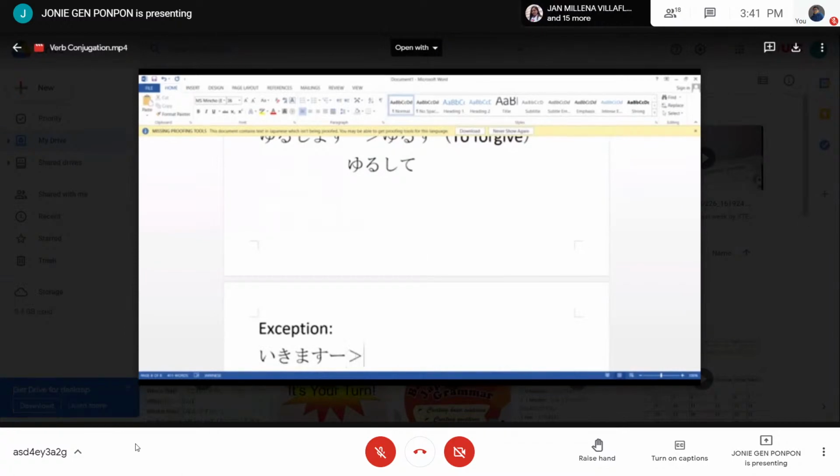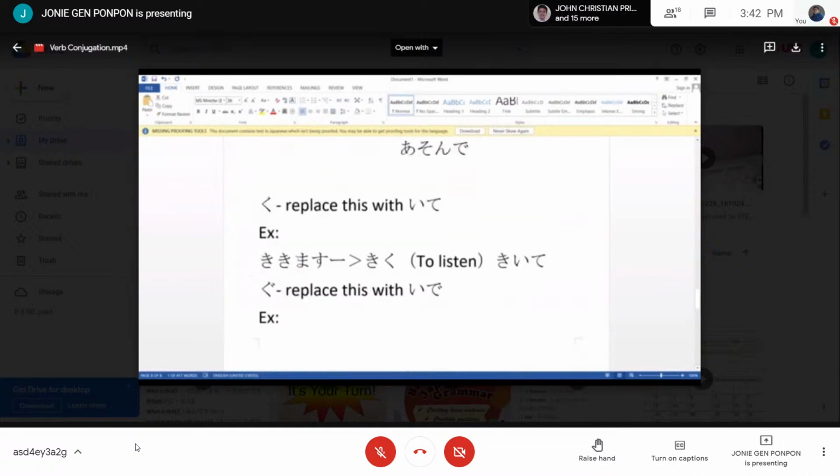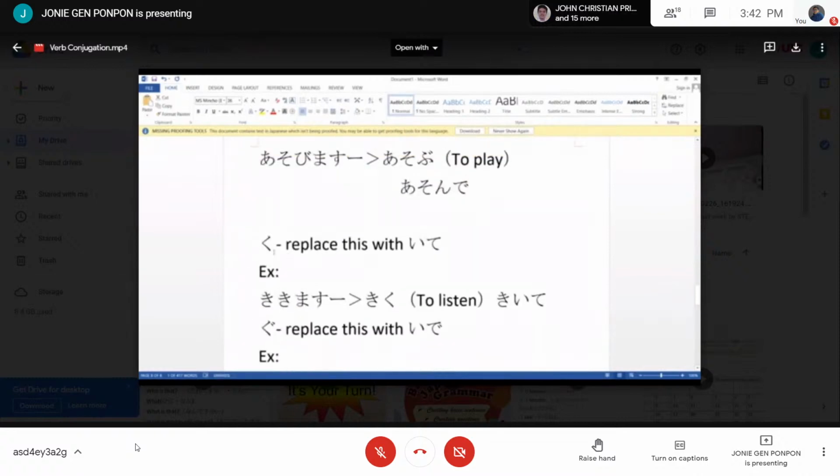The jishu form of ikimasu is iku, meaning to go. Now, it ends in ku, right? So yung ku, it will become iite.